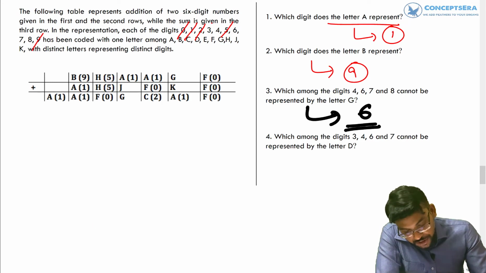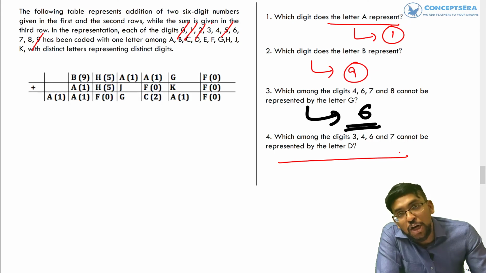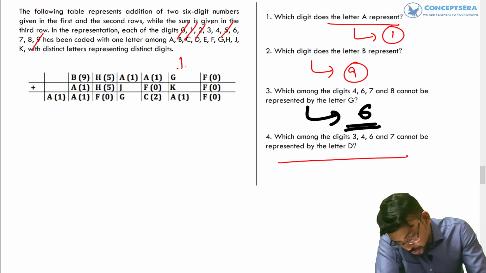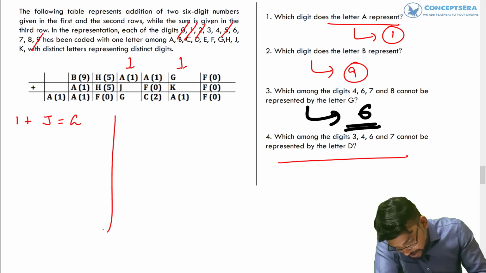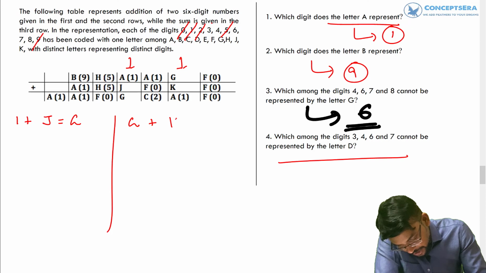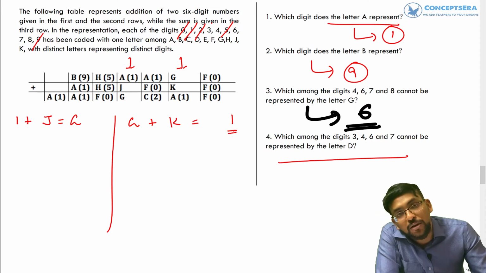Let's look at the last question. The last question is: which among the digits 3, 4, 6 and 7 cannot be represented by D? If we look at these two columns, we know A, which is 1, plus J is equal to G, and we know G plus K is ending up with 1.